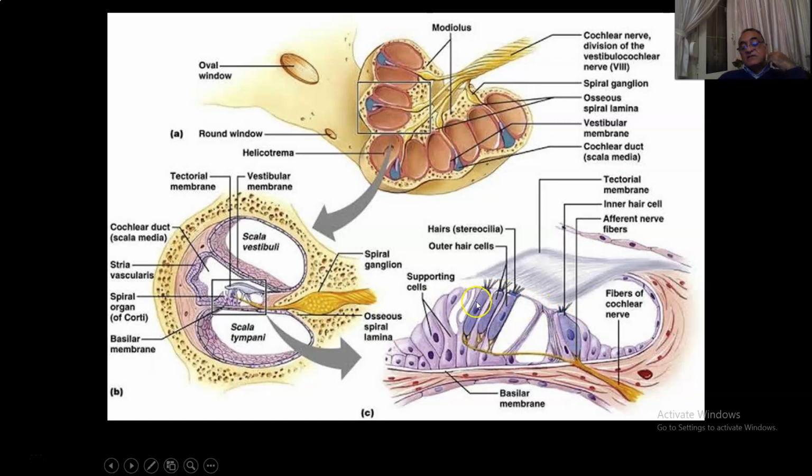And as we said, the hair cells have cilia which are embedded in the tectorial membrane, and the tectorial membrane is fixed to the bone. So this is a fixed membrane, and the basilar is a fixed membrane, and the axons arise from the hair cells.